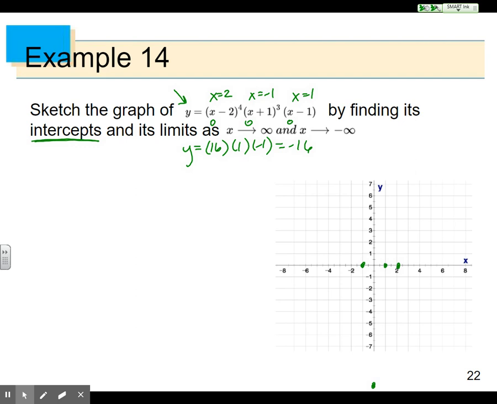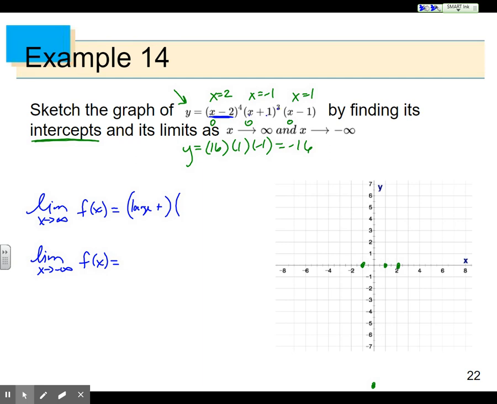Next up, I'm going to do its limit as x approaches infinity. I'm not going to write all that out. And as x approaches negative infinity. Not writing all that out. Imagine plugging in infinity. Infinity minus 2 to the 4th, that's going to be large positive. And then imagine taking infinity and plugging it in here.